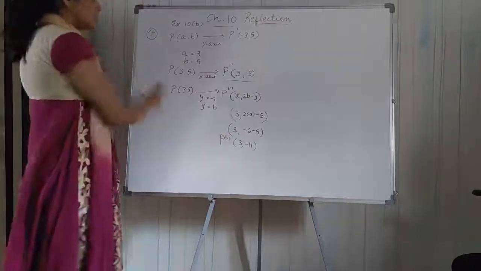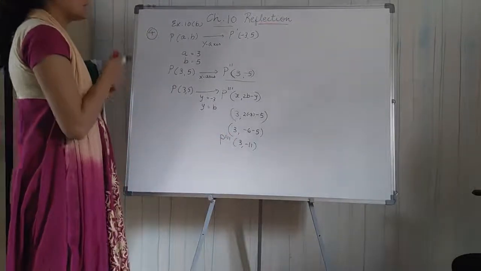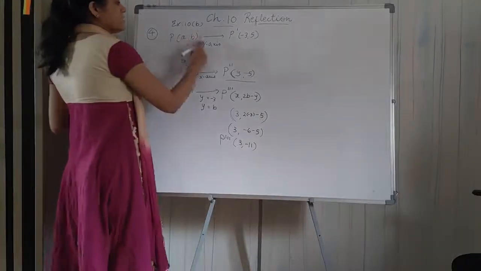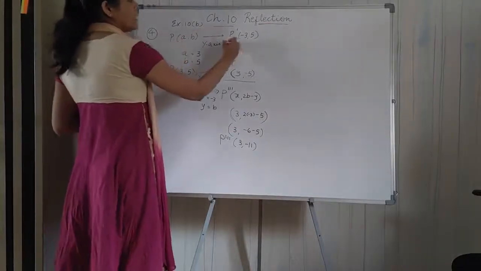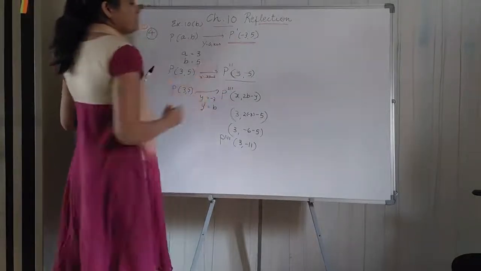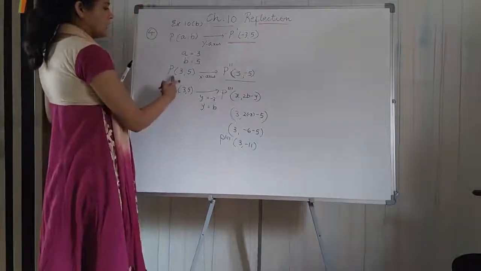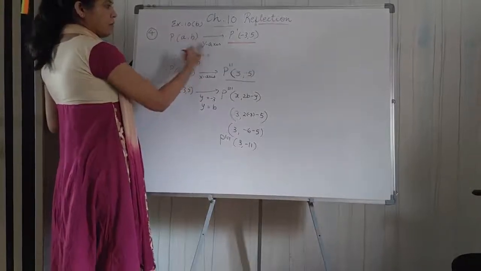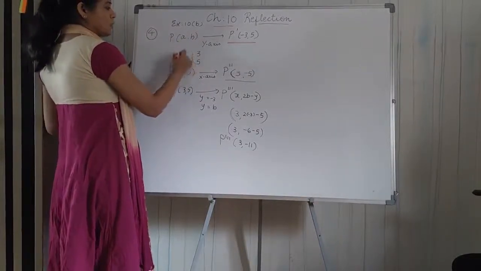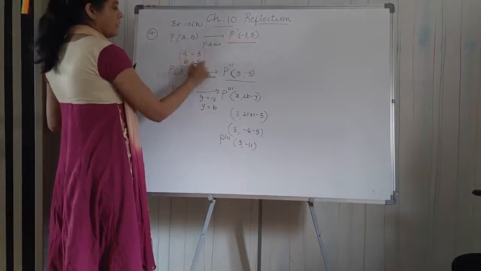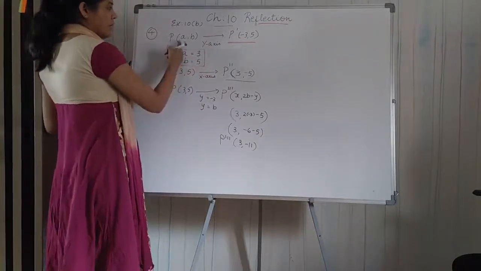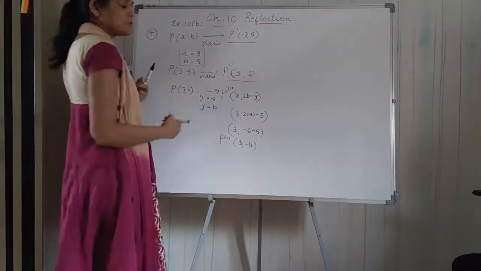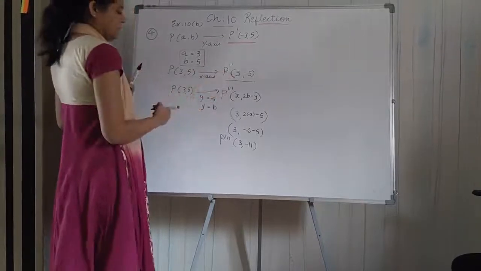So now this is our question 4. We get 3 answers, students, you can see. First, under the y-axis the point P is reflected, so that is P'(-3, 5). Another is the a and b values we found already: a is 3 and b is 5, which I have already substituted. So P(3, 5) under reflection in the x-axis gives P''(3, -5).